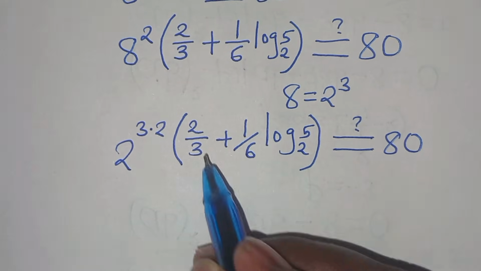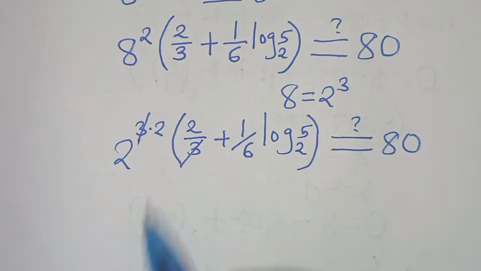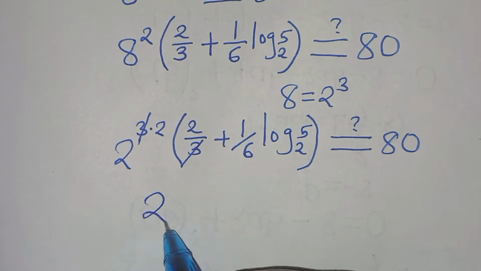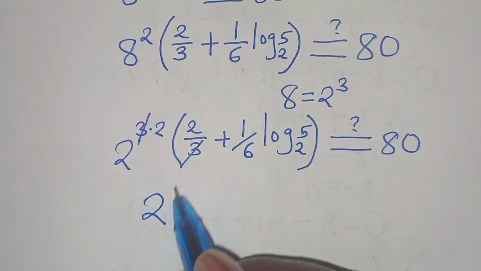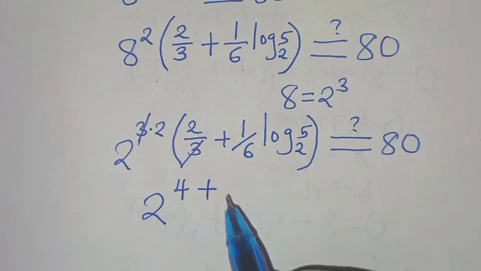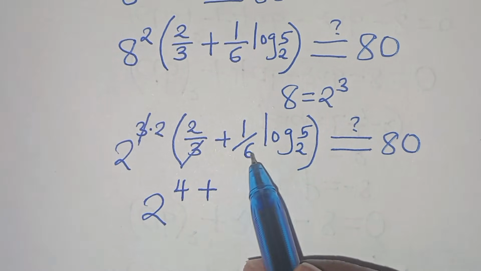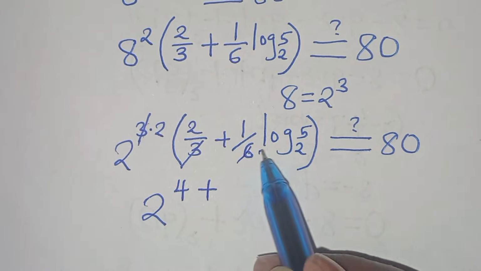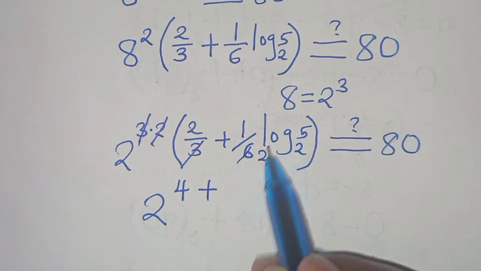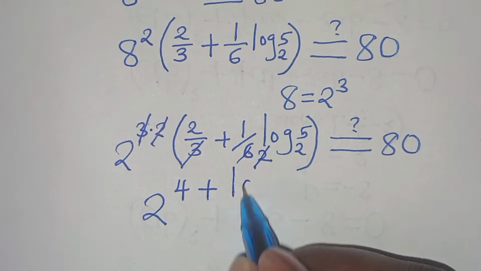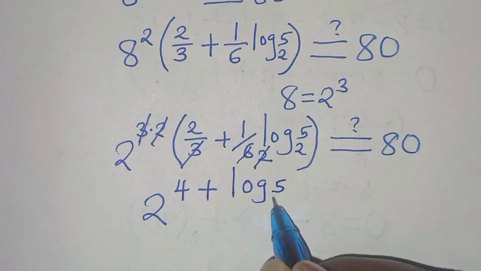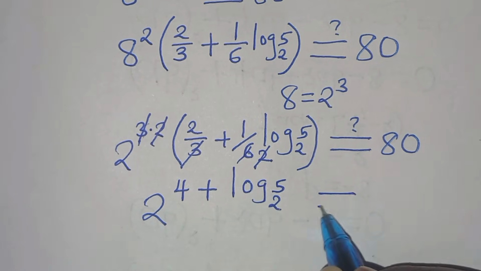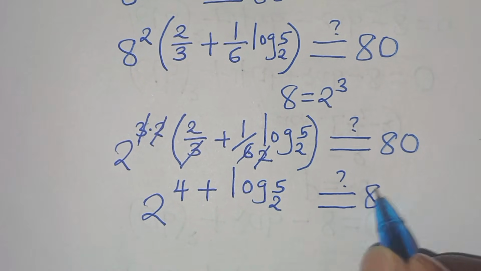So we can simplify here. 3 and 3 simplify, so that we have 2 to the power of 2 times 2, which is 4, then plus, 6 divided by 3 is 2, and then 2 and 2 simplify. So we have plus log 5 to base 2. This should give us a value of 80.